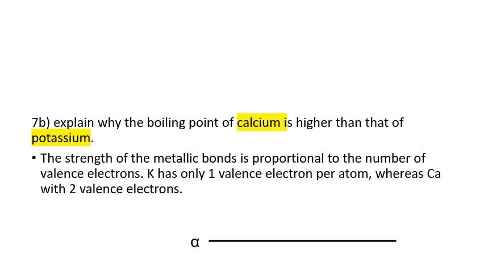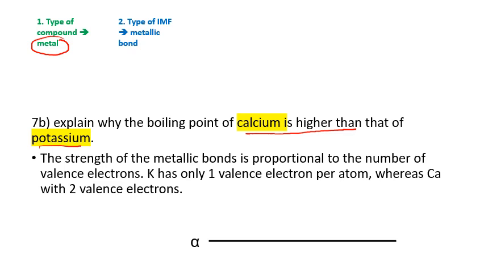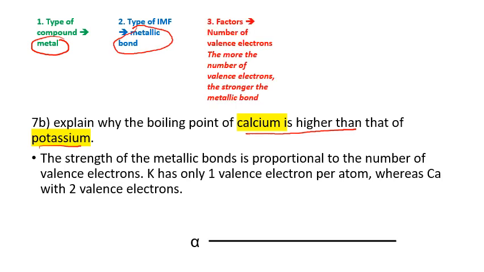Question 7b. Explain why the boiling point of calcium is higher than that of potassium. As usual, we always need to identify the type of compound. This time the type of compound is metal, so we follow with the type of intermolecular force. We have no other choice, it must be the metallic bond. Then again, we need to know the factors that influence the strength of metallic bond.